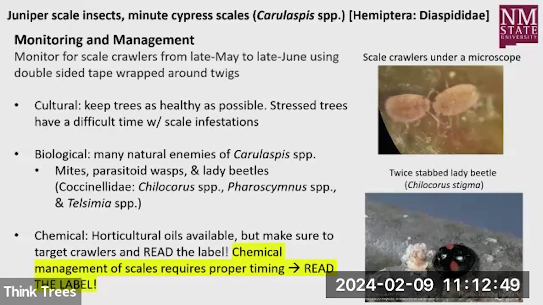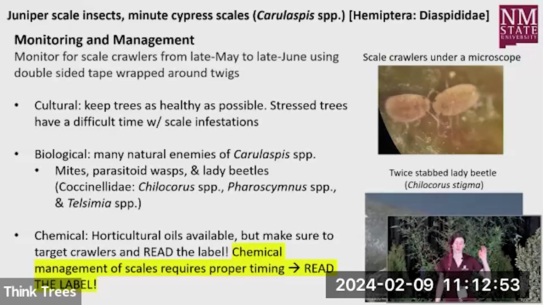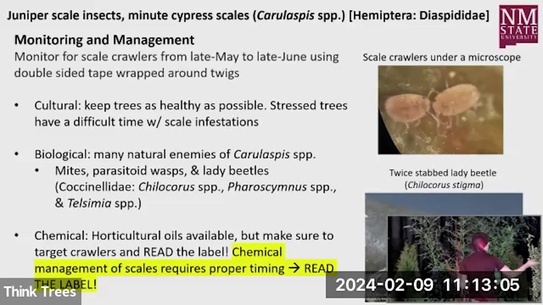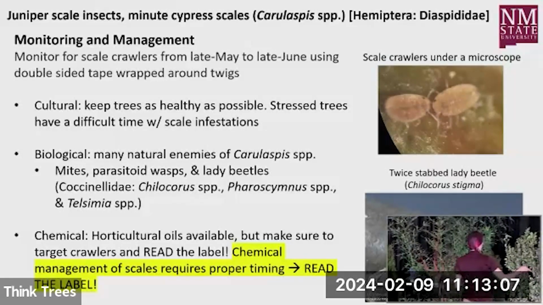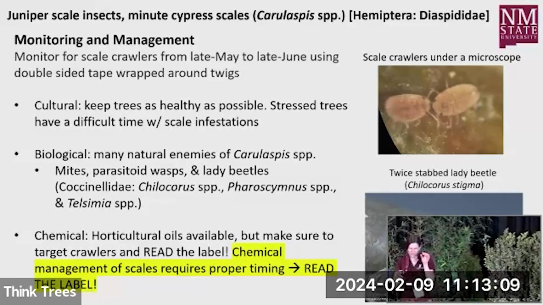There are insecticides available for scales, but it's really, really important to read those labels, and all of them, every single chemical insecticide available for scales targets the crawlers, these guys. This is a picture I took under a microscope. They're very tiny bugs.